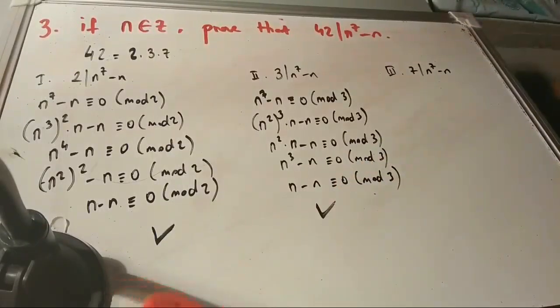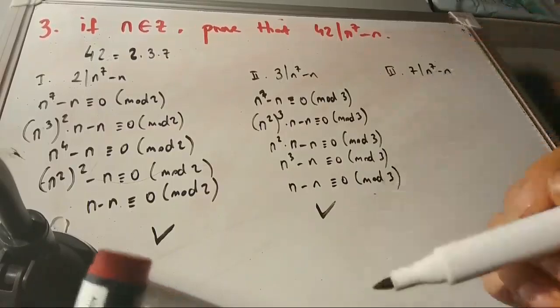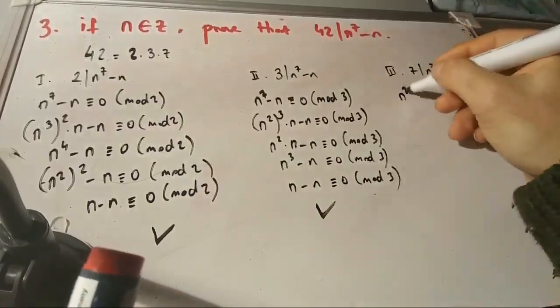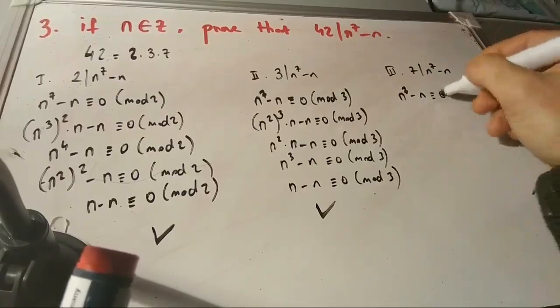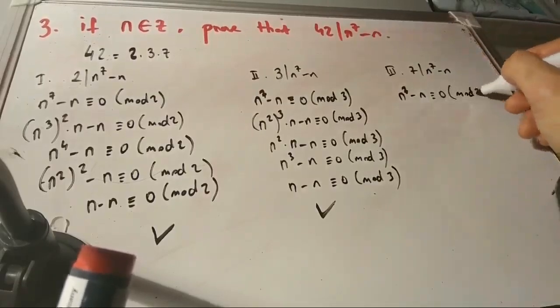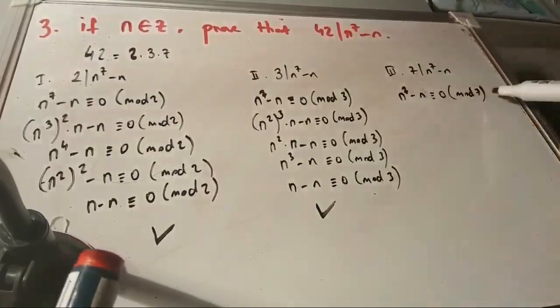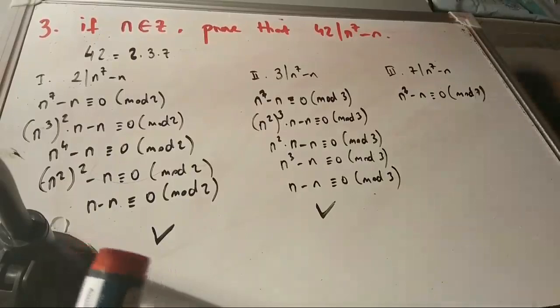It's okay for us. And for the next step, I think it is the easiest one. n to the power of 7 minus n is congruent to 0 in mod 7. Directly, 7 and 7 are the same.